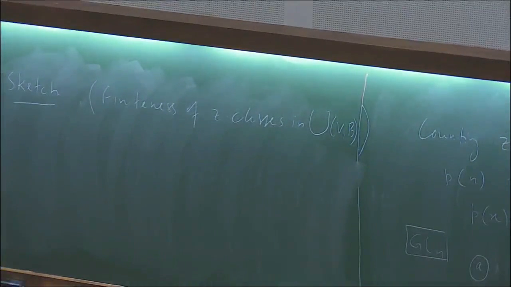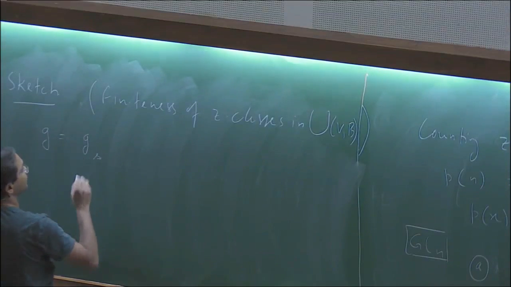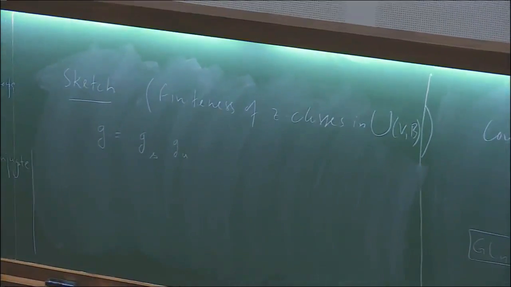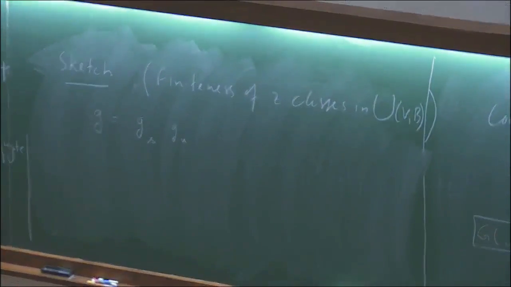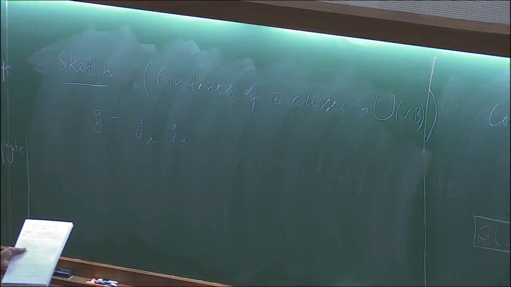So there are three key steps. The first thing we do is use that every element has a Jordan decomposition. So I can write it as a product of semi-simple and unipotent. This is where we assume a perfect field. So I am using a perfect field, otherwise Jordan decomposition may not be true.